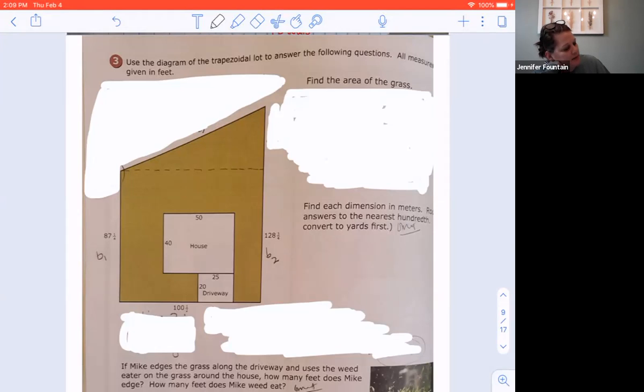Trying to figure out why I had this number written down in my book. I want to make sure I didn't erase too much on my screen. Let me see real quick. Oh, okay. Now I see what I did.